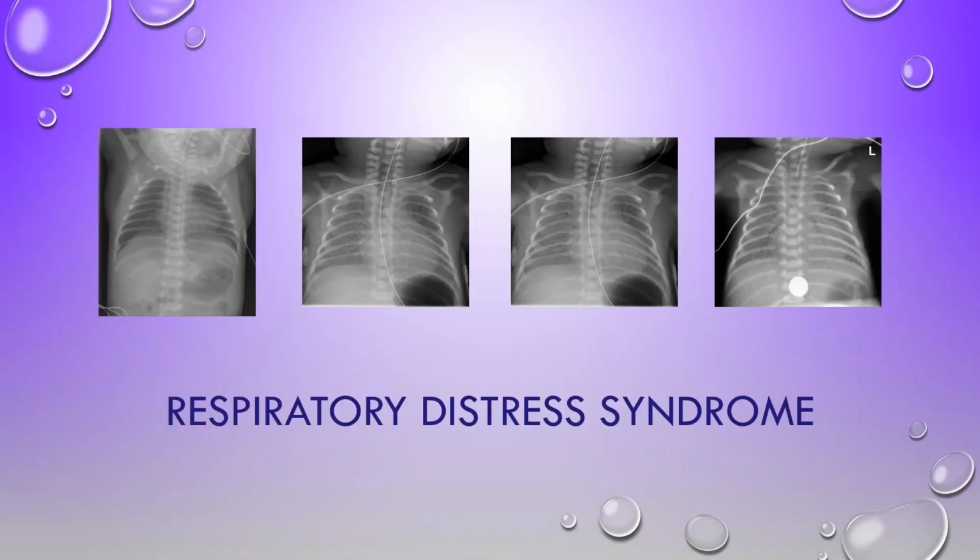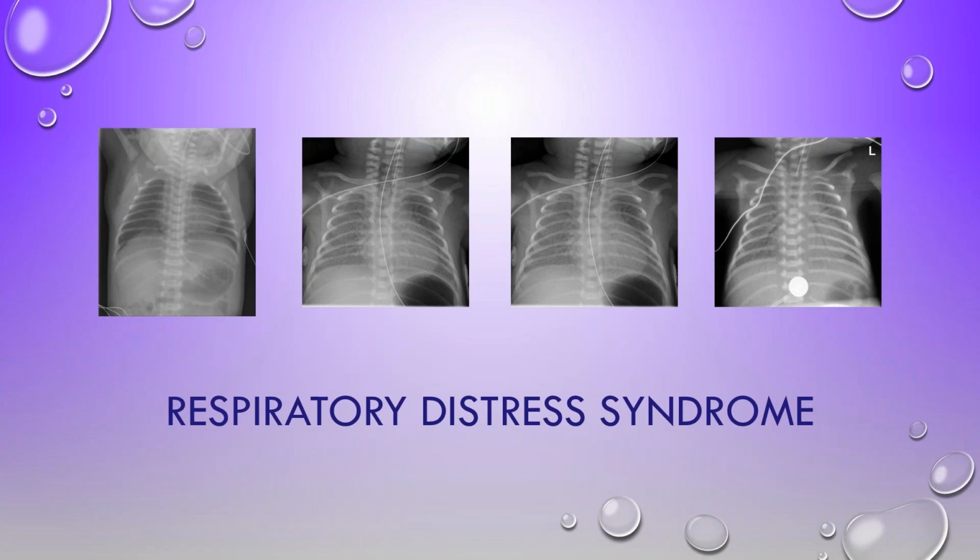So what does respiratory distress syndrome look like? Here you've got the 4 grades on the left side. The first is grade 1. So you can see the heart borders, you can see the diaphragm, and it's basically just starting to look like the reference of ground glass appearance. In the second X-ray, you can see that we are now starting to see a few things.